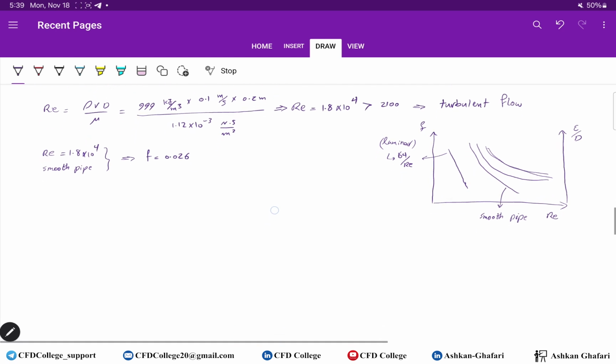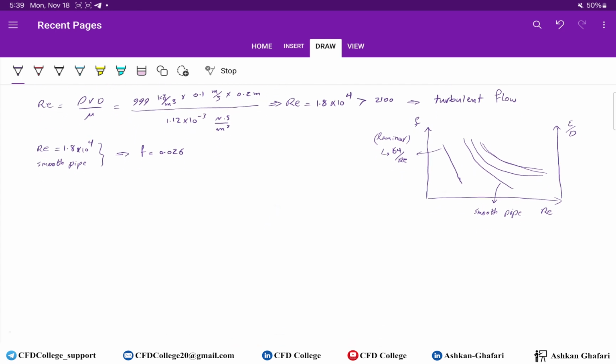Now we have f, so we can find delta P. Delta P equals f, 0.026, times L, which is 1 meter, over diameter 0.2 meters, times rho 999 kilograms per cubic meter, times velocity 0.1 meters per second squared, divided by 2.